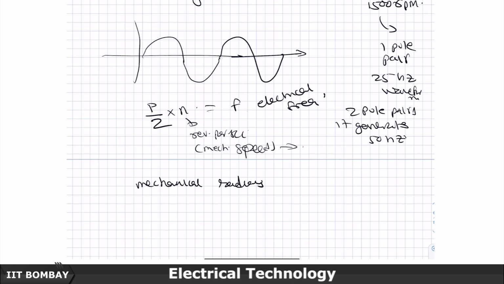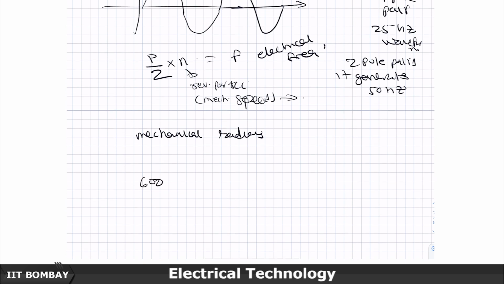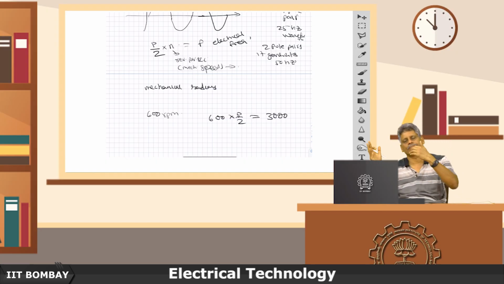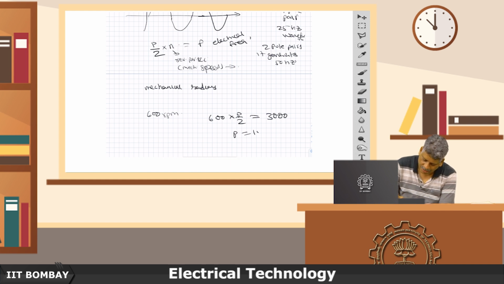So, if I had 600 RPM as the rotational speed in a hydro machine, and I ask you how many poles it should have, given that I want 3000 RPM or 50 hertz on the AC side, then clearly from this formula that we just derived, P turns out to be 10 poles or 5 pole pairs.